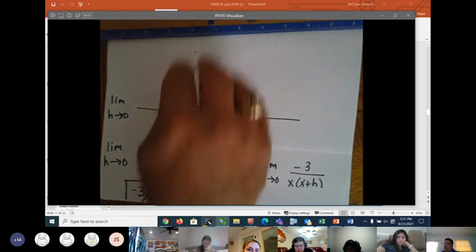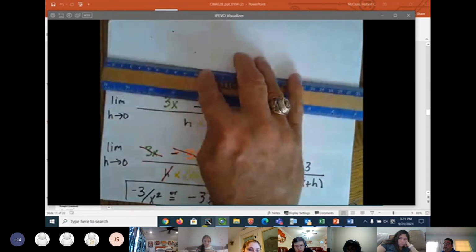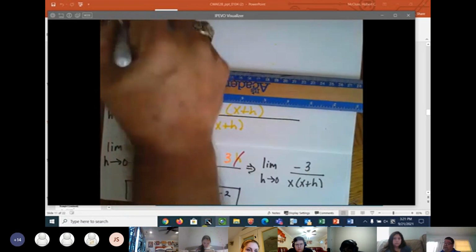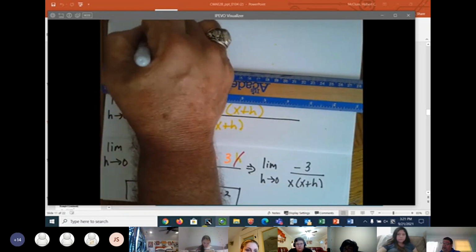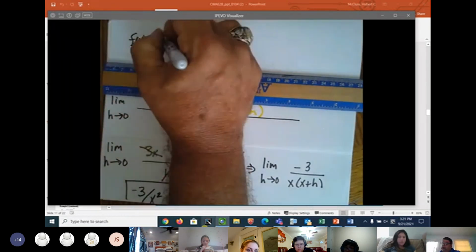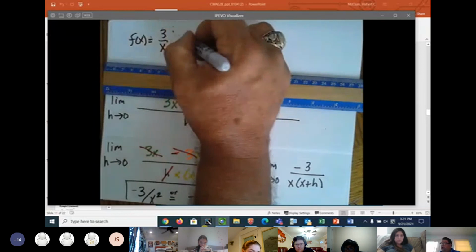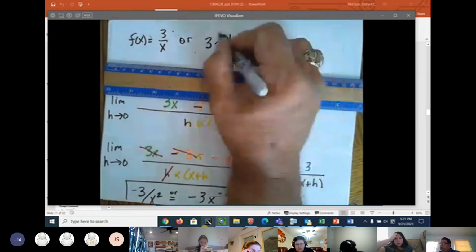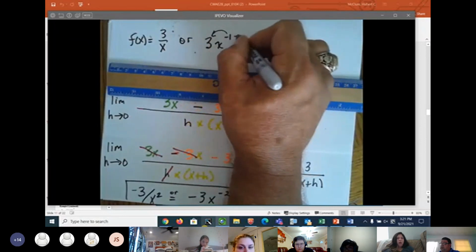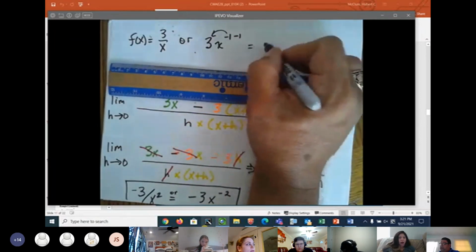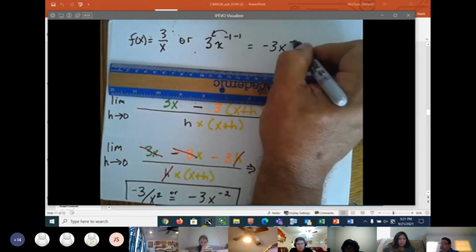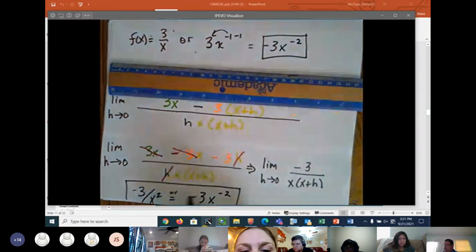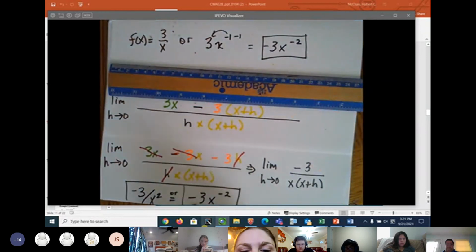Well, let me just rewrite it right here. f of x is equal to 3 over x, or 3x to the negative 1. Bring this out, minus 1. And that's going to be negative 3x to the negative 2. That's what we got right there.